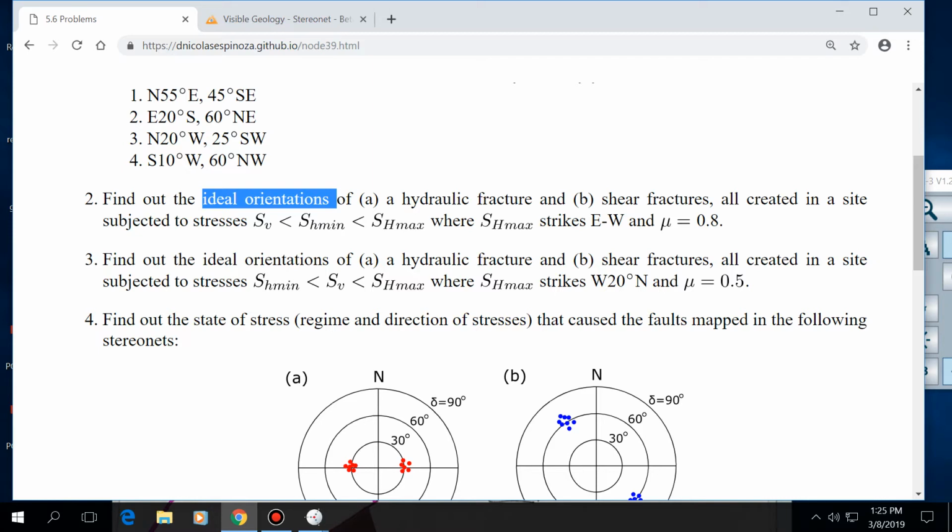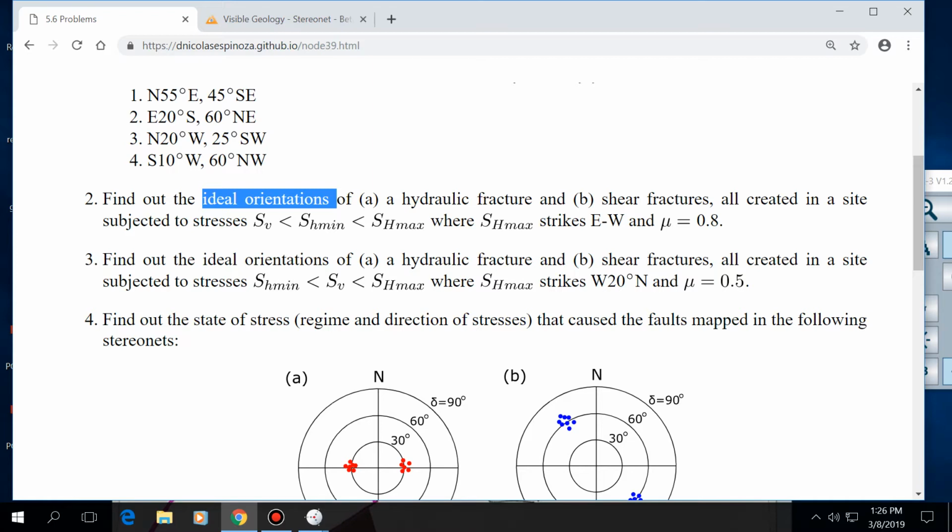Remember that we said that always we can find the ideal orientation of a hydraulic fracture by finding the plane which is perpendicular to the minimum principal stress. The hydraulic fracture is always going to be a plane perpendicular to the minimum principal stress.